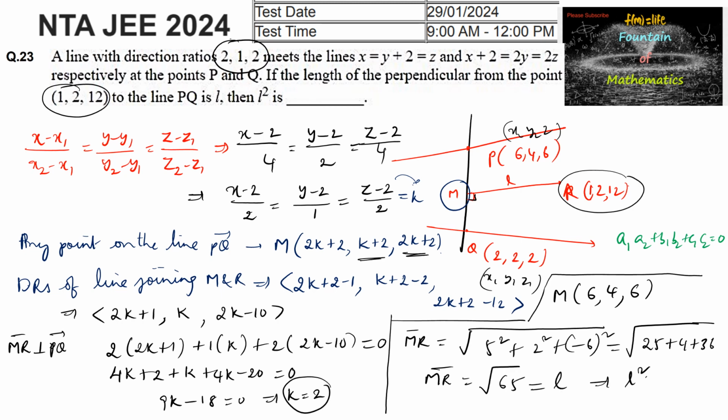Therefore L square is equal to 65. So we can conclude the answer is 65.